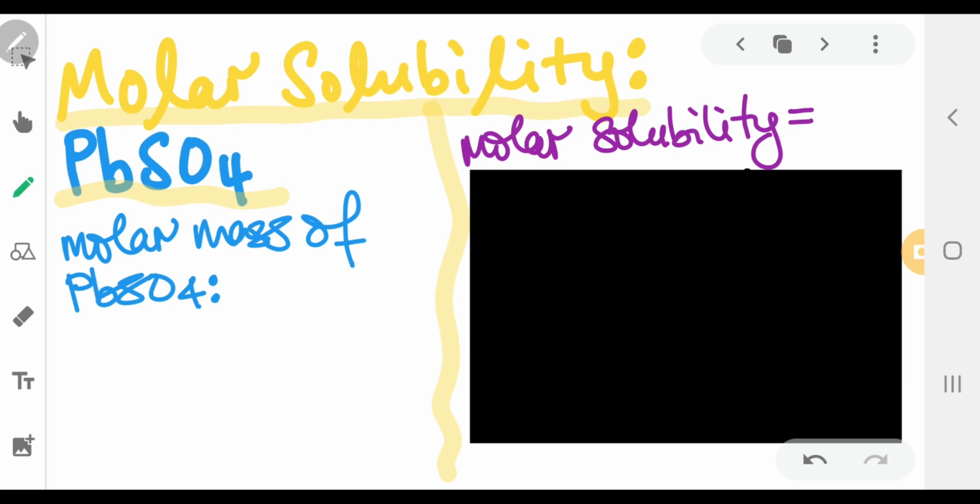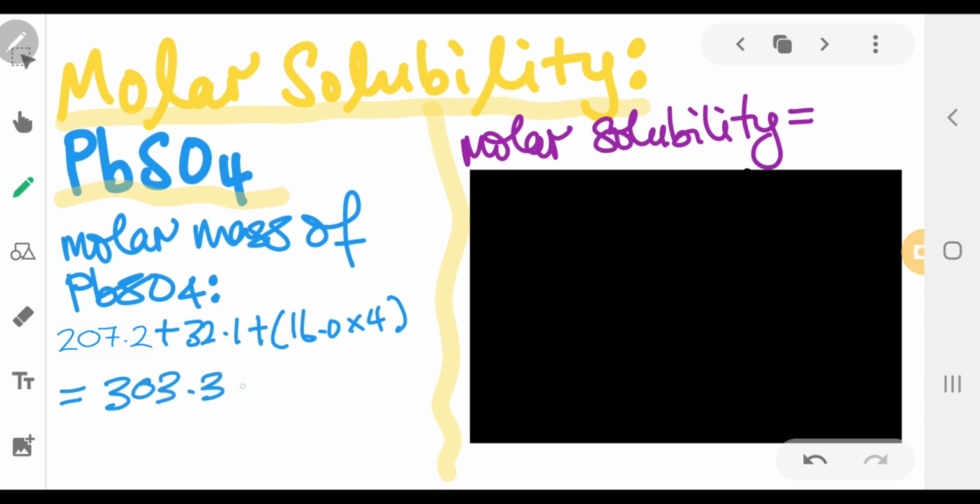The molar mass of lead sulfate is the molar mass of lead, plus the molar mass of sulfur, which is 32.1, plus the molar mass of oxygen times 4, which is 16 times 4, and the molar mass is about 303.3 gram per mole.